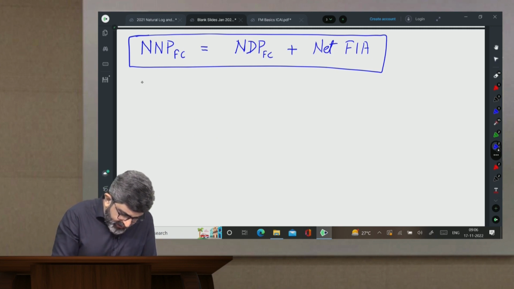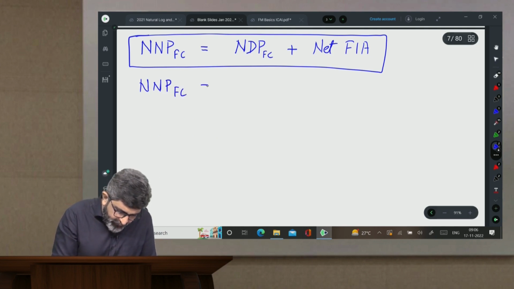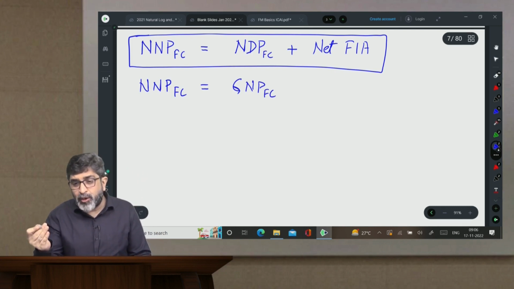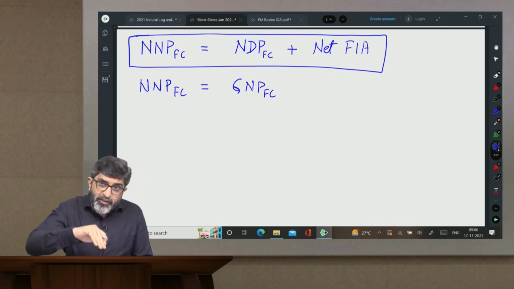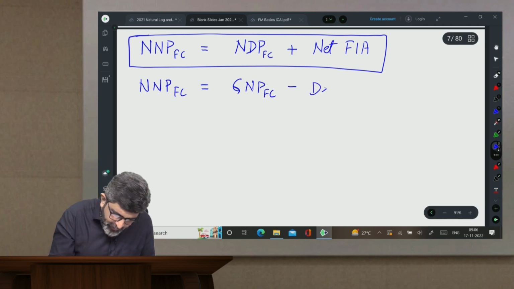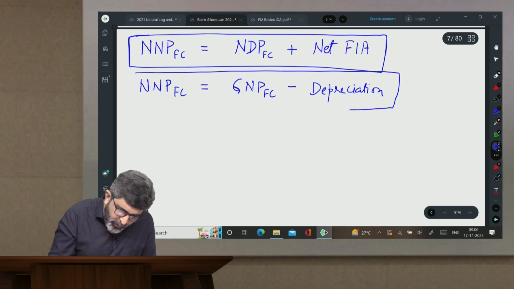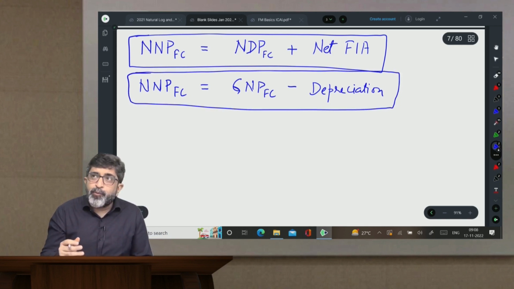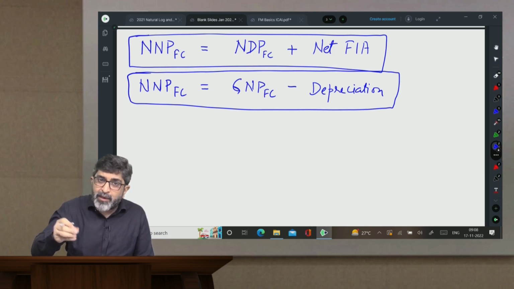Another way to arrive at that is NNPFC, net national product at factor cost. You start with GNPFC, gross national product at factor cost. In converting the gross into net, there is one adjustment that is required. From this you simply subtract depreciation. Now guys, what I want from you is that your comfort should be to land up at any parameter from any parameter.